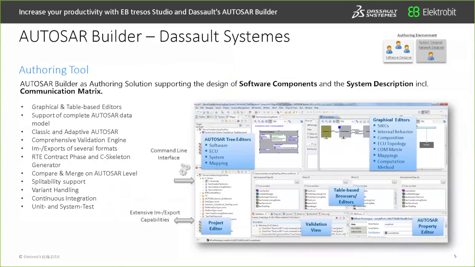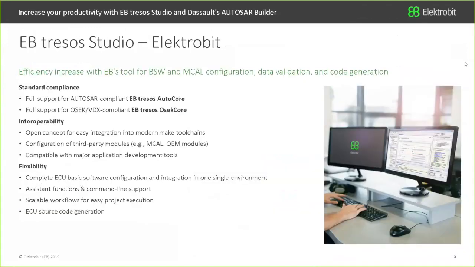And once you're finished with your system description, you have different ways of exporting this information towards the basic software configuration tool, such as an ECU extract, system description or system extract. And then once you have done that, you hand this over to your basic software configuration tools, such as EB tresos Studio.